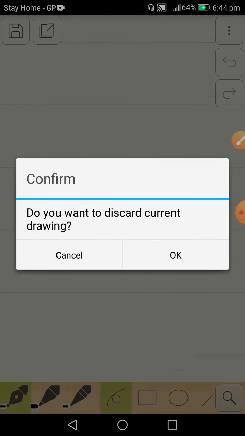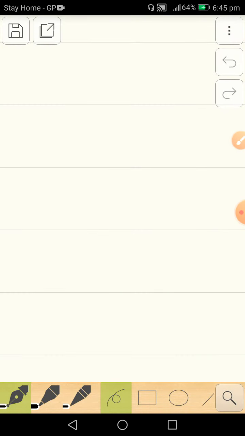Okay, now let me tell you something. Suppose I'm drawing a particle. Okay, this is a red colored particle. So how much energy does this particle have? Let this particle have 60 kilojoules energy.